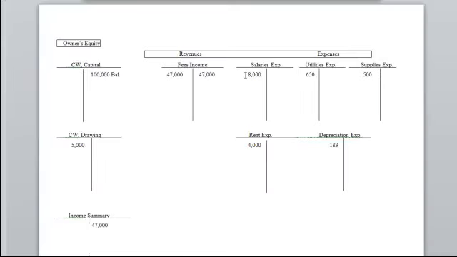Each one of these expense accounts has a debit balance. So I need to credit each of the expense accounts for the total in each account. I'm going to credit utilities expense $650. I'm going to credit supplies expense $500. I'm going to credit rent expense for $4,000. And I'm going to credit depreciation expense for $183.